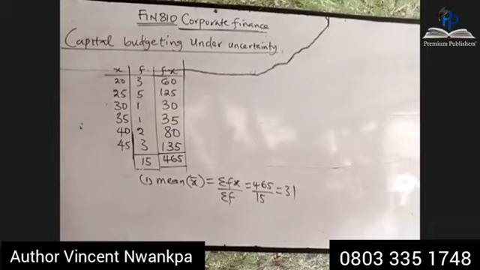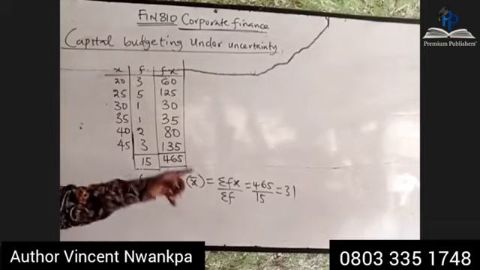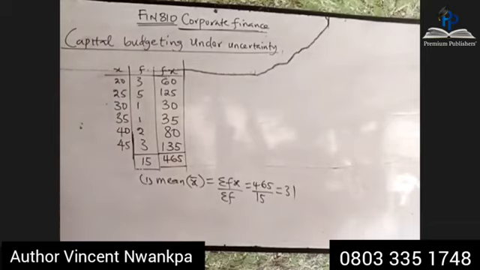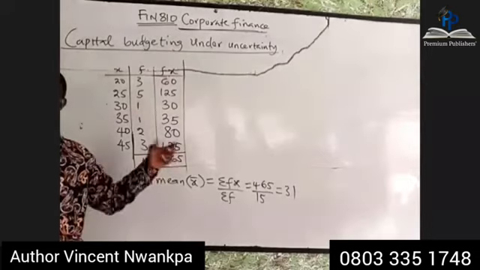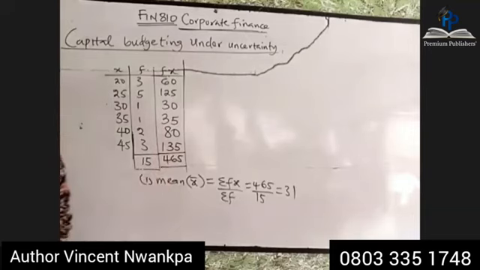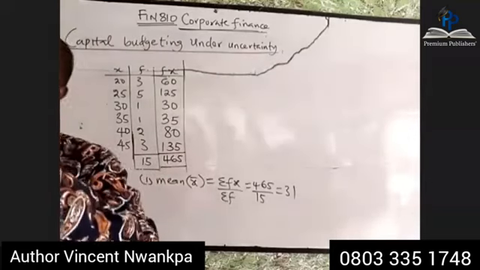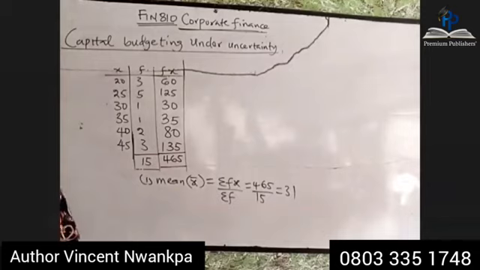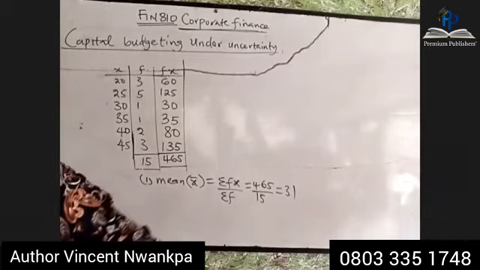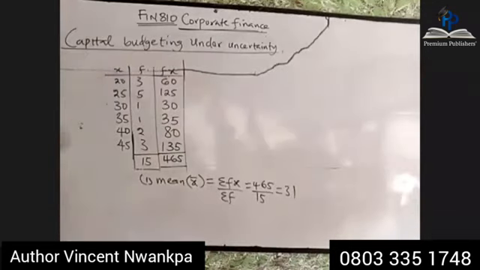Very good. Now, when you know the mean, there is what we call deviation. Deviation is just the difference between the variable and the mean. In that kind of question, it will also be the difference between the cash flow and the expected value, which is the mean.